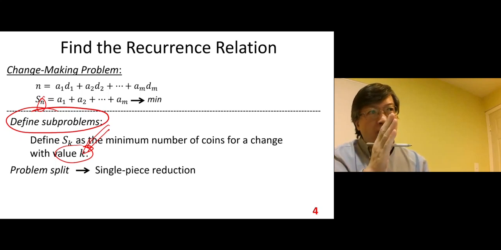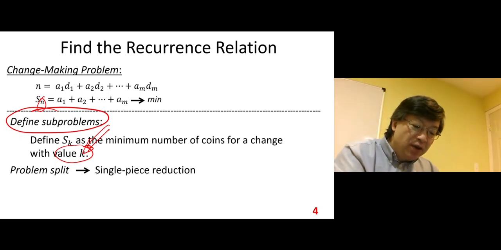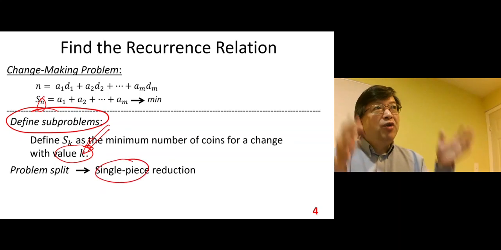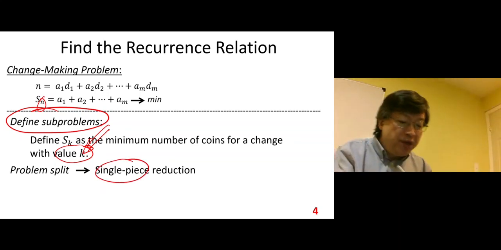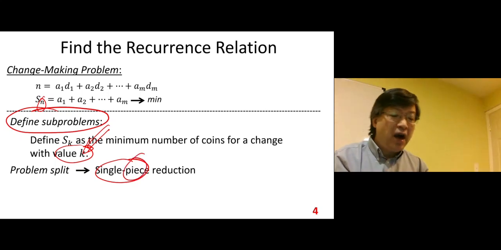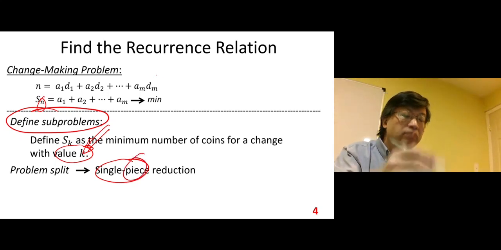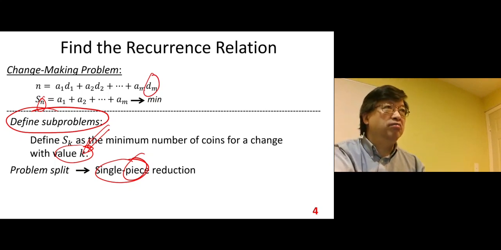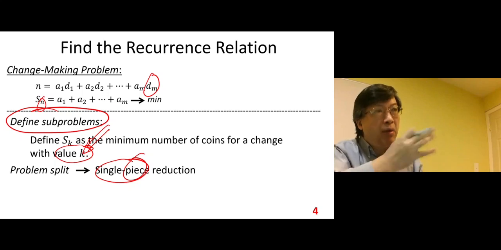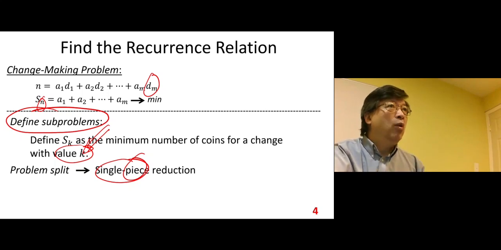You reduce the problem size by a single piece. For your particular problem, you may have that piece definition. Here our piece definition is the coin, a coin of certain denomination.